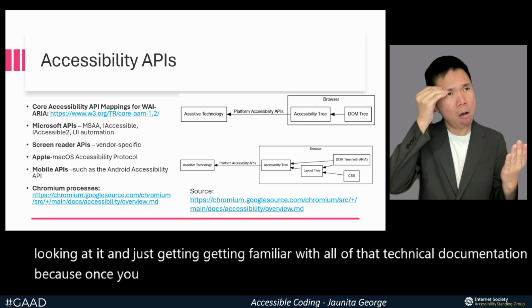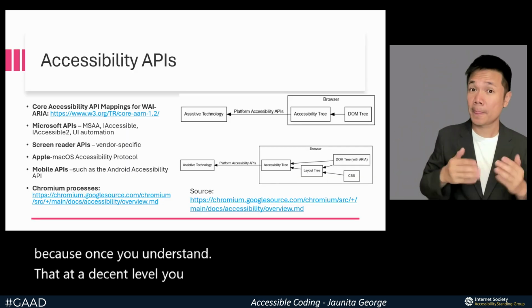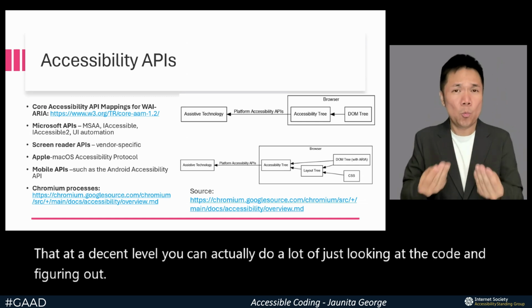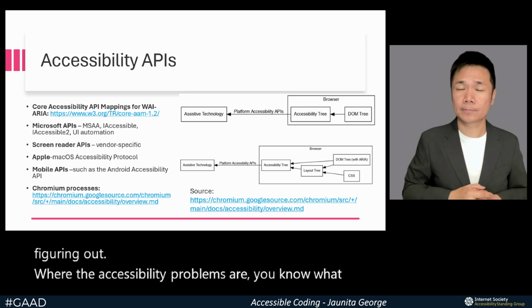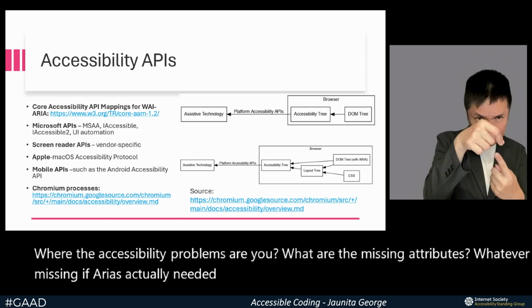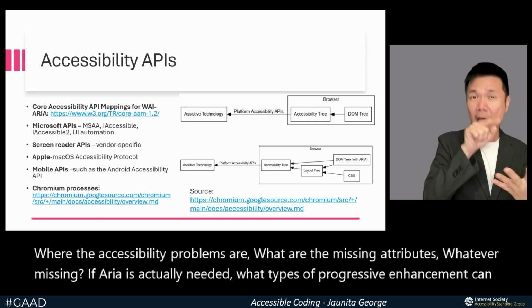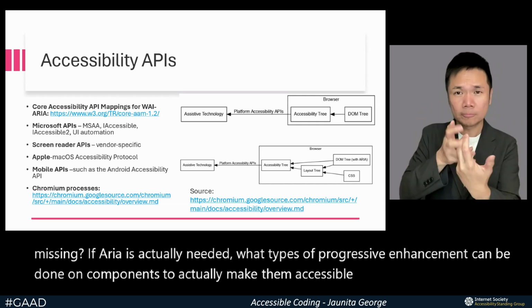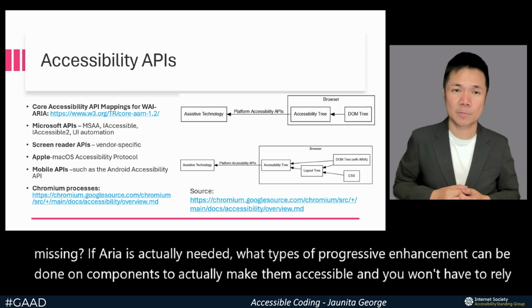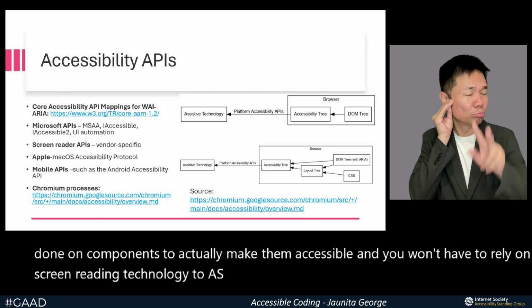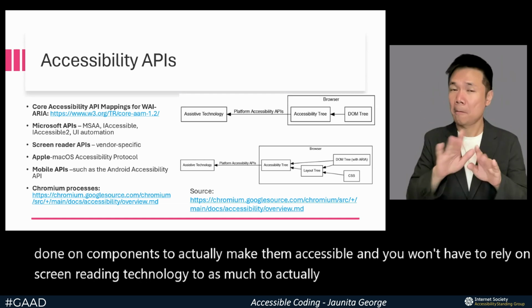Really recommend looking at it and getting familiar with all of that technical documentation, because once you understand that at a decent level, you can do a lot just by looking at the code and figuring out where the accessibility problems are, what the missing attributes are, if ARIA is actually needed, and what types of progressive enhancement can be done on components to make them accessible. And you won't have to rely on screen reading technology as much to perform that analysis.